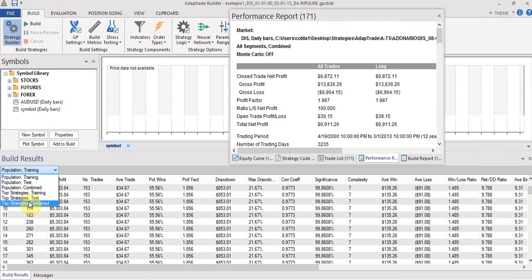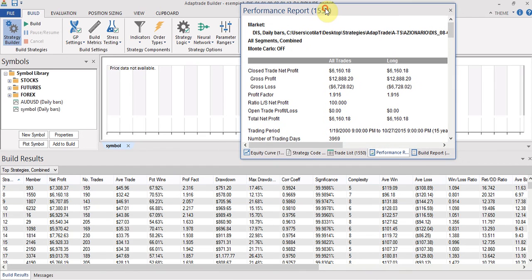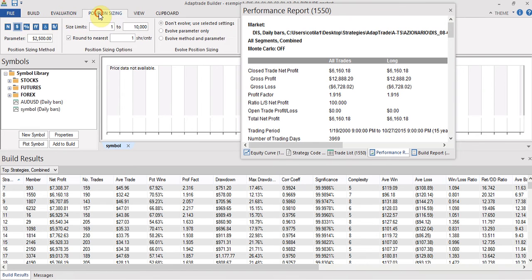Then we move to the database of top strategies. And now I ask the machine to evaluate only this data. You might even decide, by the way, to change your position sizing method. In this example, we are just imagining to invest $2,500 for every position.